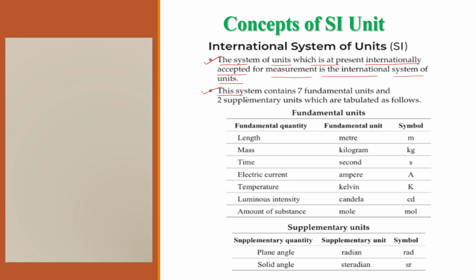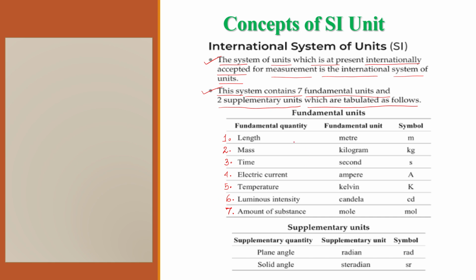This system contains 7 fundamental units and 2 supplementary units which are tabulated as below. First one is length, second one is mass, third one is time, fourth one is electric current, fifth one is temperature, sixth one is luminous intensity, and the seventh one is amount of substance.